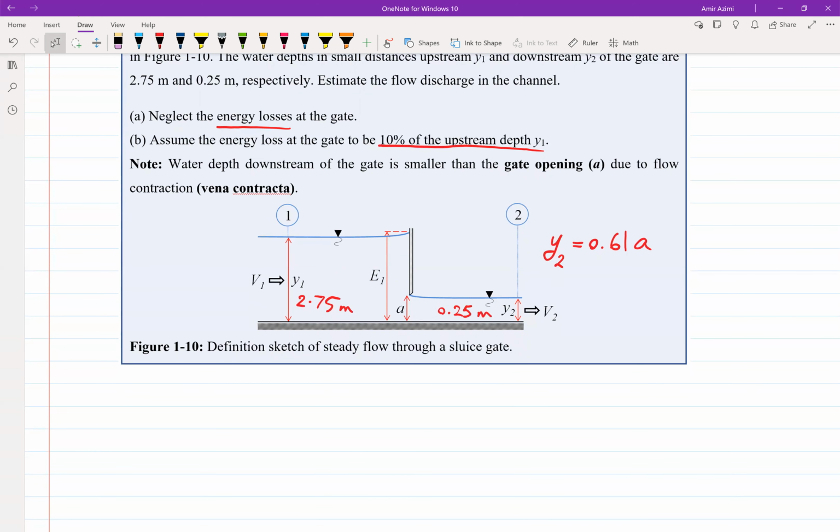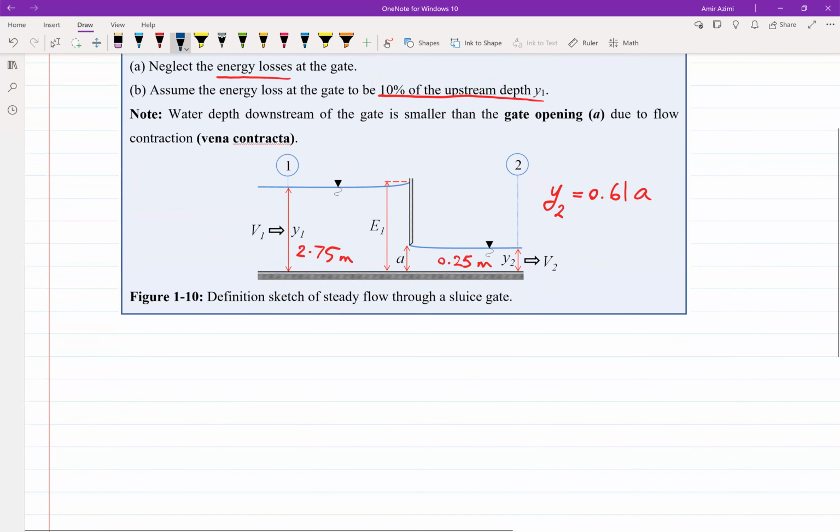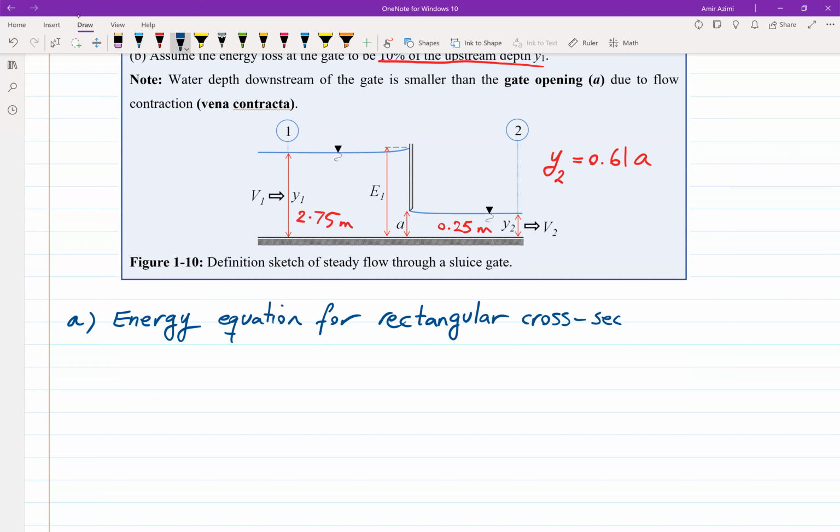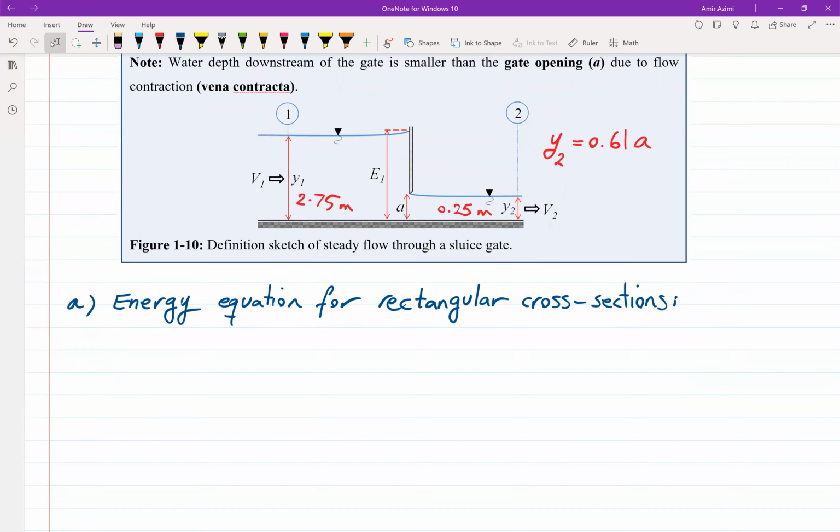So we start with the energy equation for a rectangular cross section, in part A. For rectangular cross sections, I can combine the energy equation with the continuity equation.